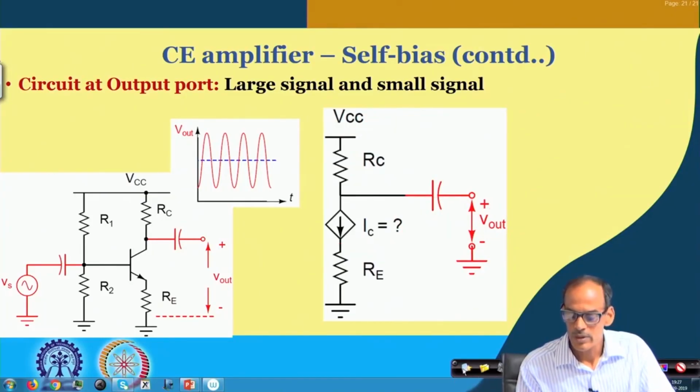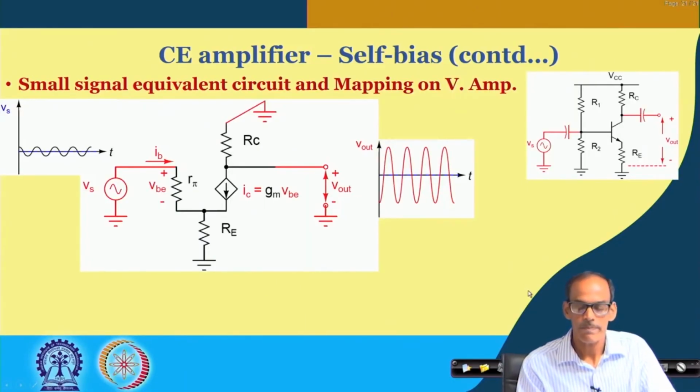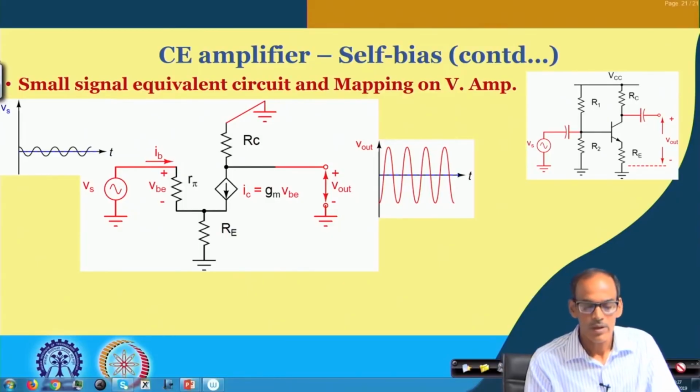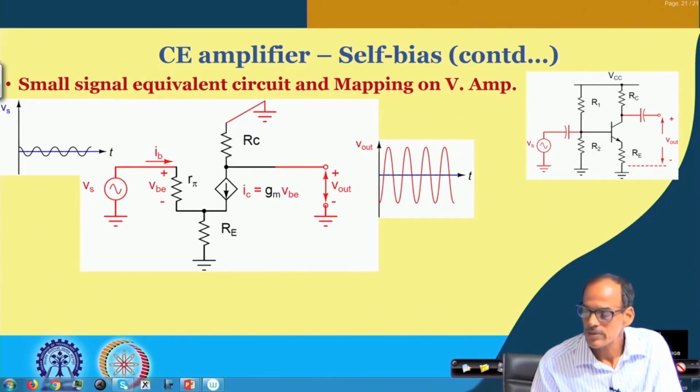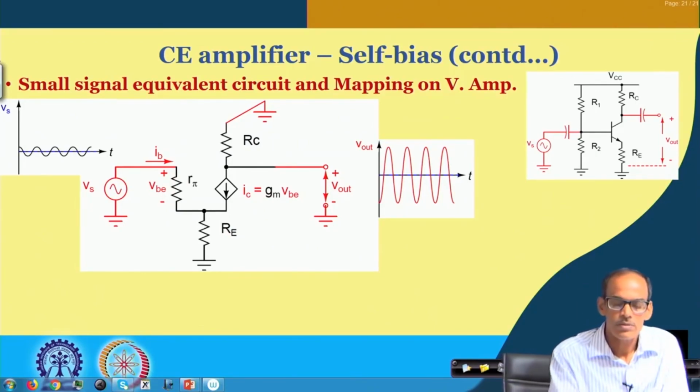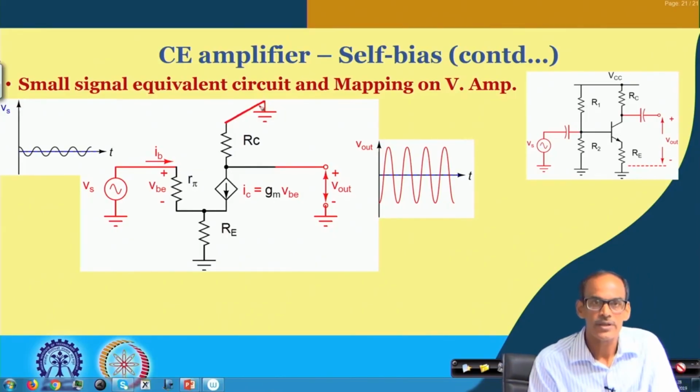So, let us see what we are going to get here. Yes, we have this small signal equivalent circuit shown here, where at the collector side we are making AC ground.